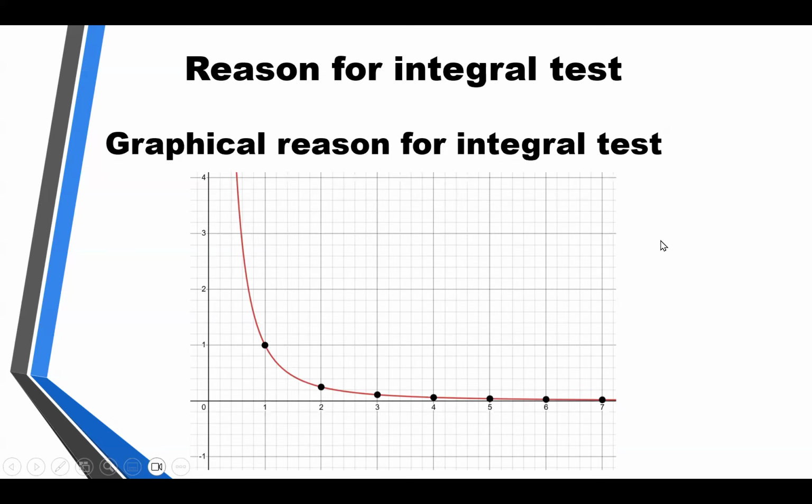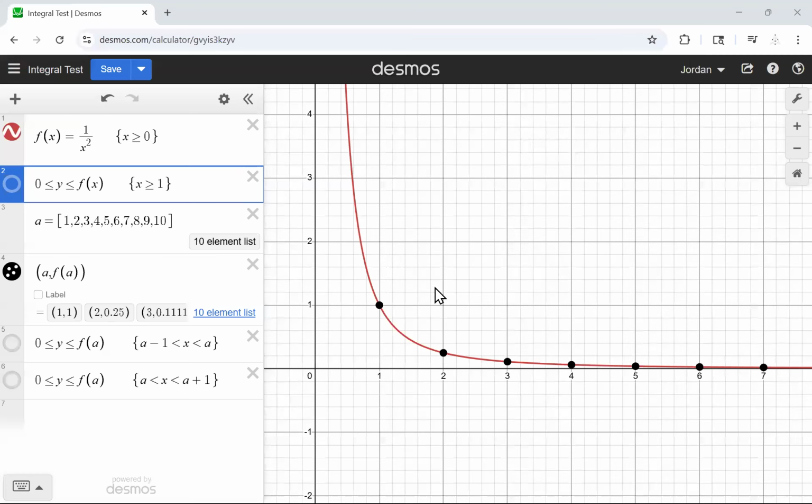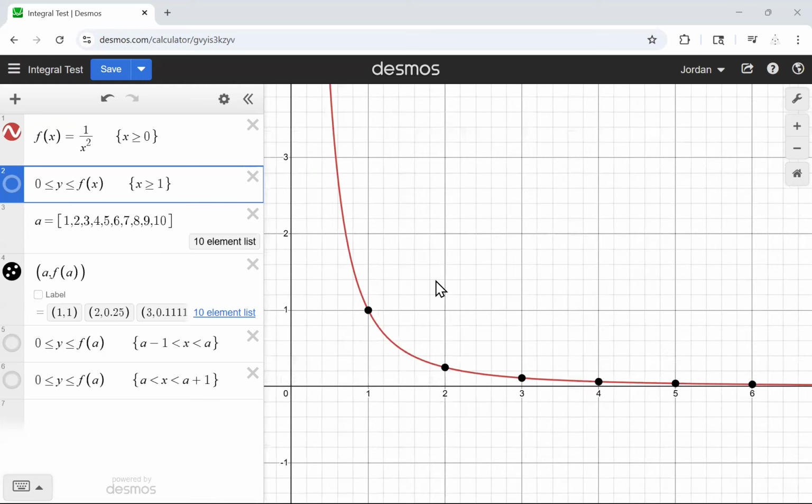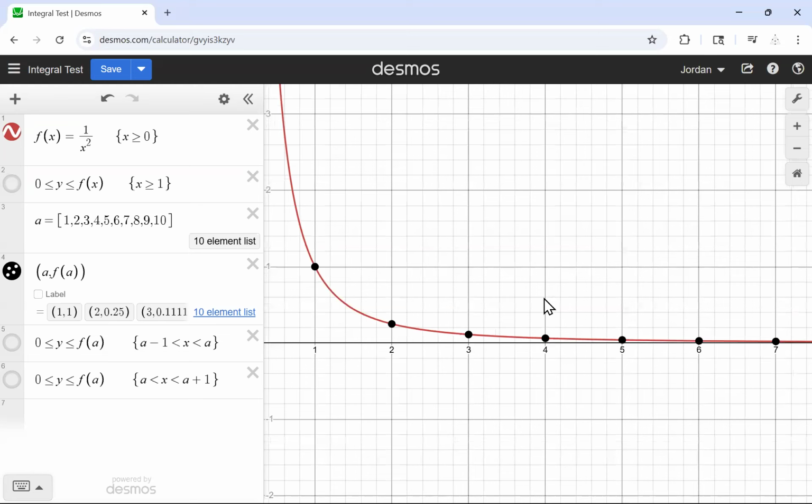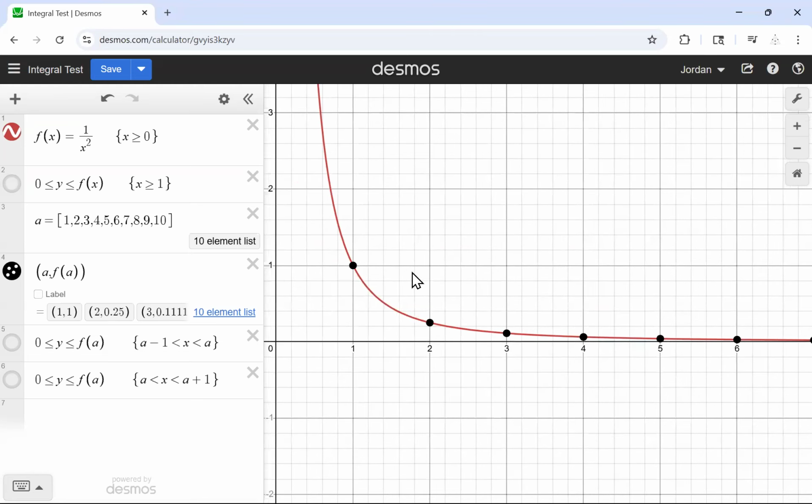Now, let's think about why this would be. We'll look at the graphical reason for the integral test. So what I've done is I've graphed the function 1 over x squared. Now, let's pretend we are looking at an infinite series of 1 over n squared.